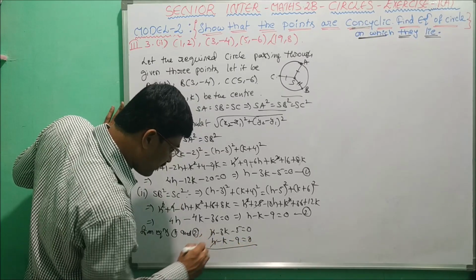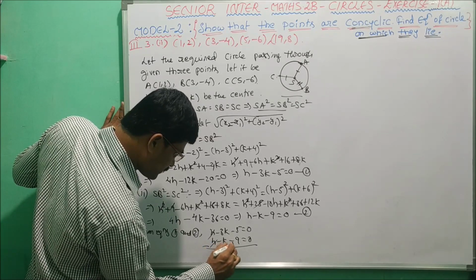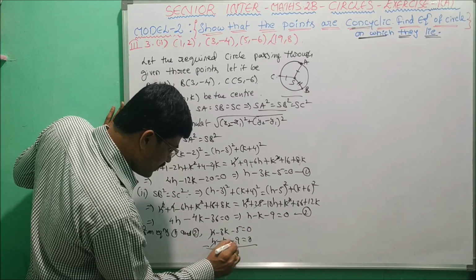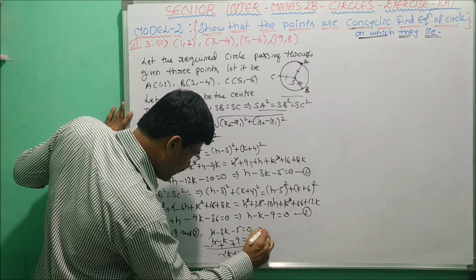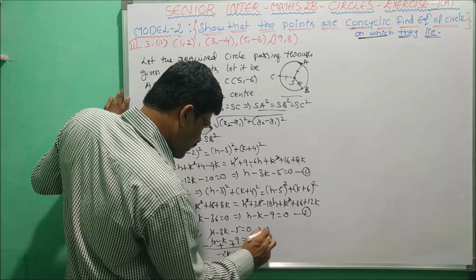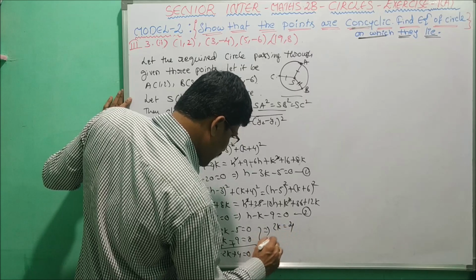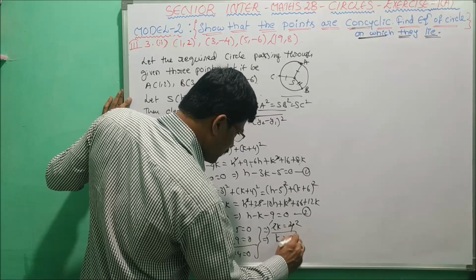In this, the h's are cancelled. Here subtract. So minus 3k plus k, that is minus 2k. In this, 9 minus 5, that is plus 4, equals 0. From this, minus 2k plus 4 equals 0, means 2k equals 4. Here k equals 2. This is k.